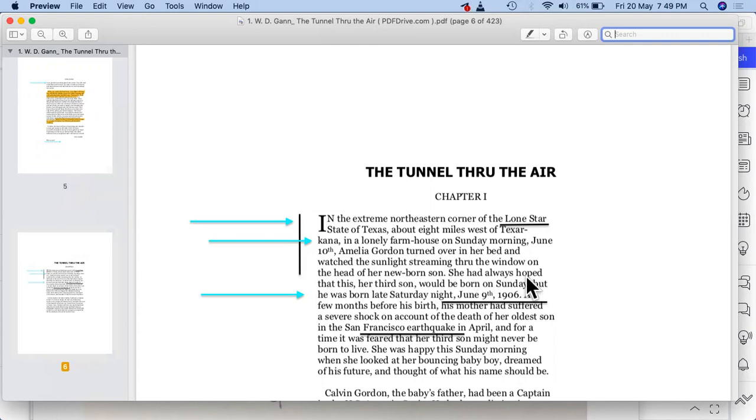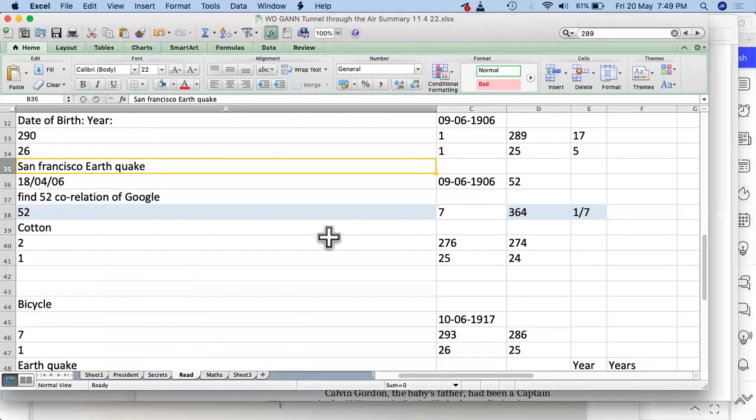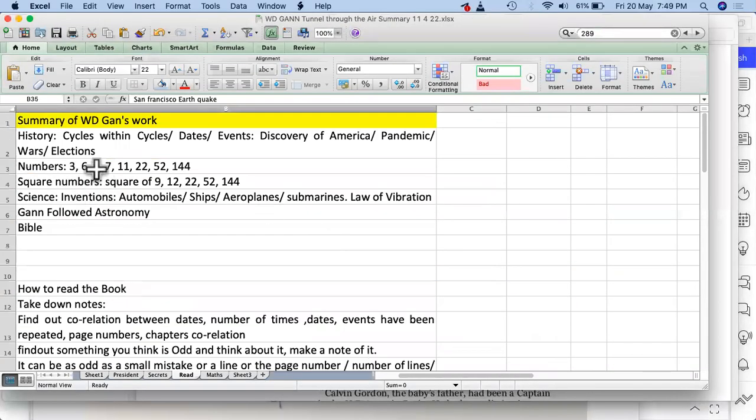Is it a coincidence that you'll be finding 9, 9, 9, 9, 9, or probably 9 is an important number? We discussed over here that 9 is going to be an important number.